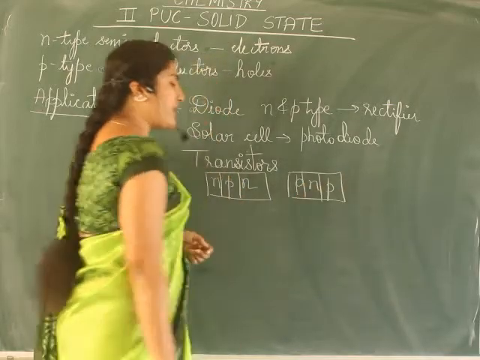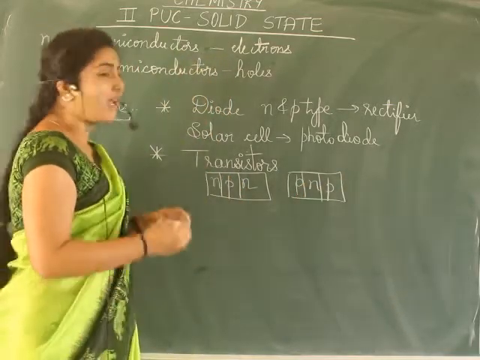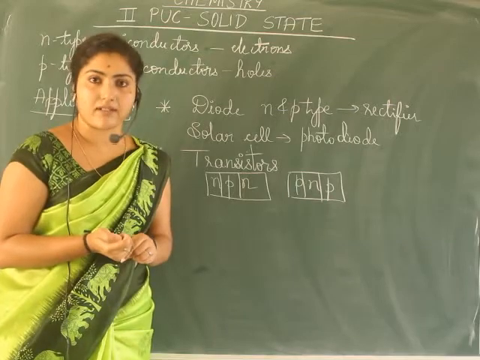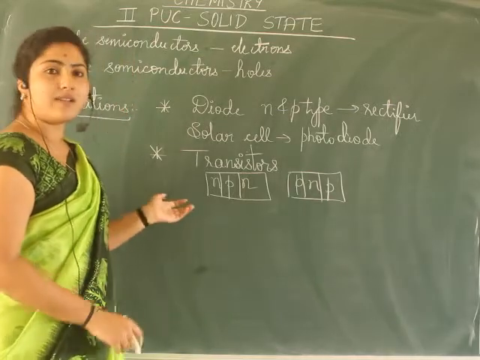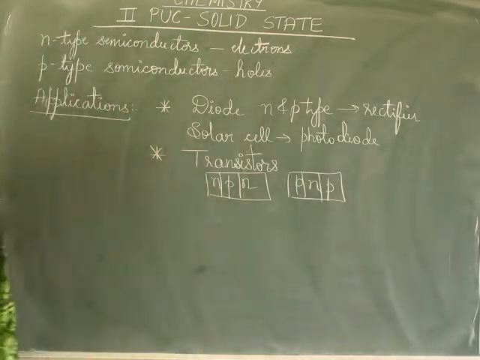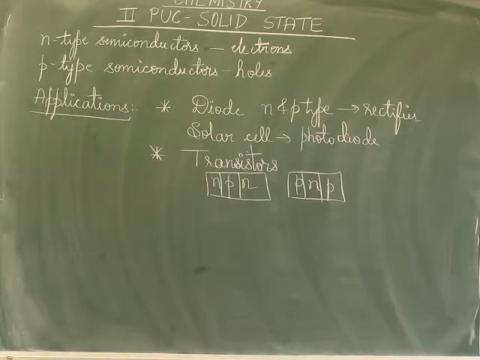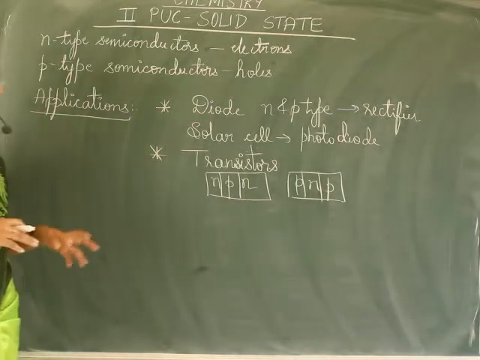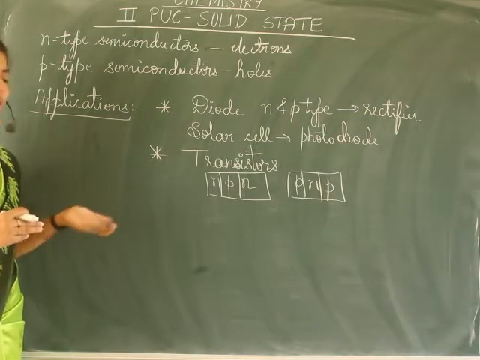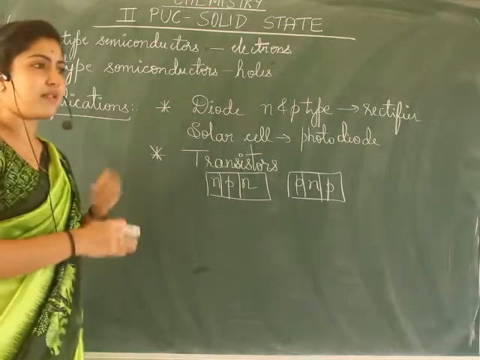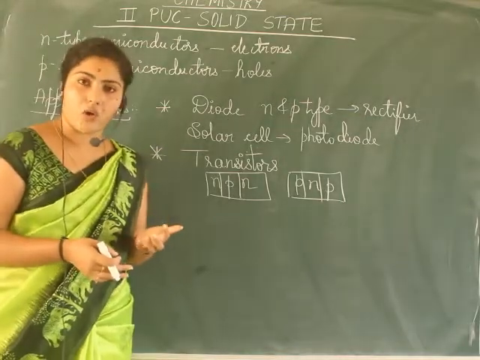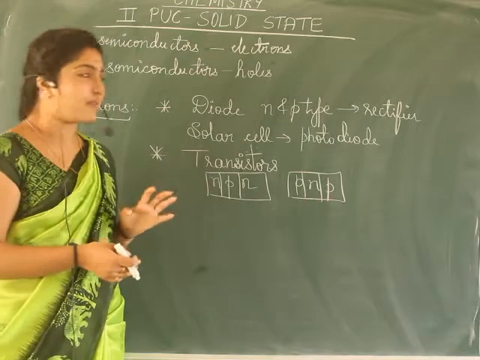These transistors can be prepared using N-type and P-type semiconductors, and are used in various fields. Why are transistors used? Transistors are used to amplify audio or radio signals, that is, to increase the audio or radio signals.